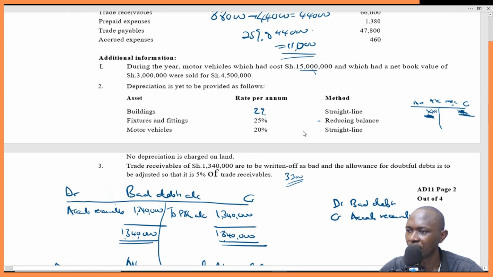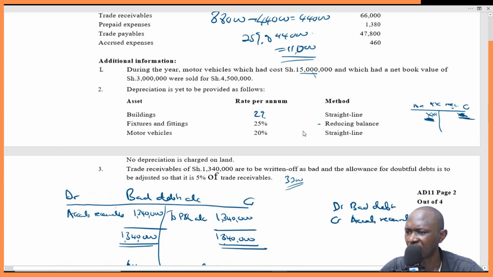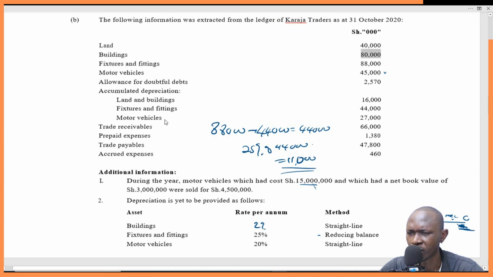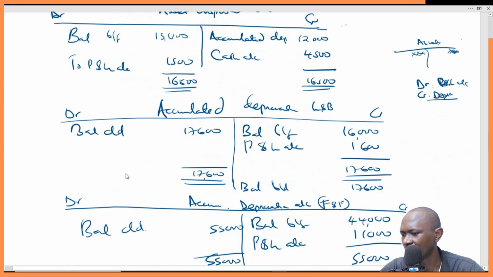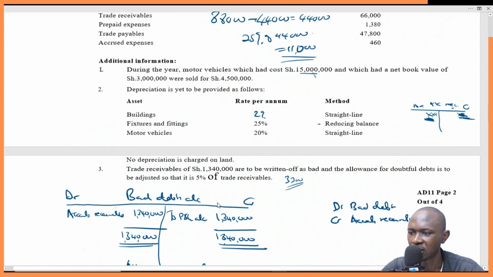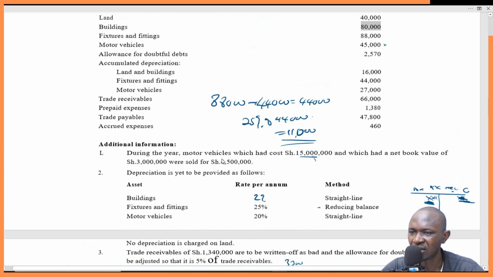So let's come back here. What is happening here? Motor vehicle, 27,000. We've captured that. So P&L account. This is a motor vehicle, 20% straight line. So with straight line, we just go straight to 20% of the original cost.